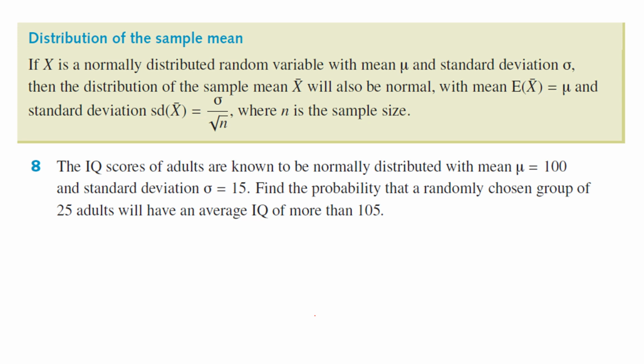So we're transitioning from X, the population with known mean and standard deviation, to X bar, the sampling distribution, or the distribution of sample means, where the sample size in this particular case is equal to 25. So how does that inform our use of norm CDF in being able to calculate the probability that our average IQ will be more than 105?